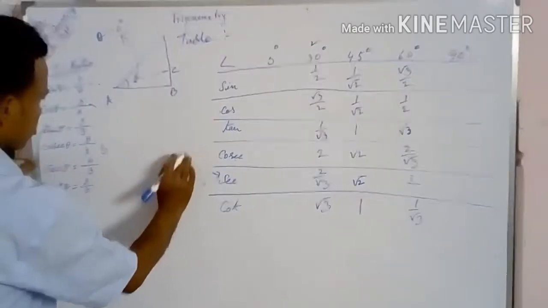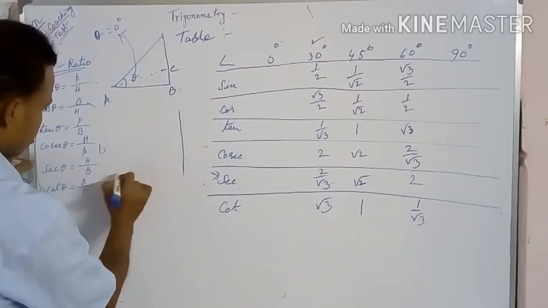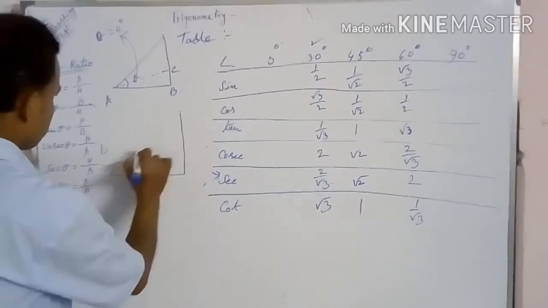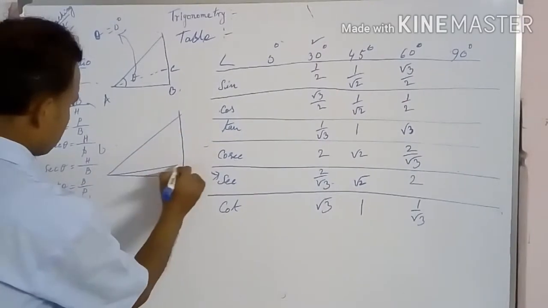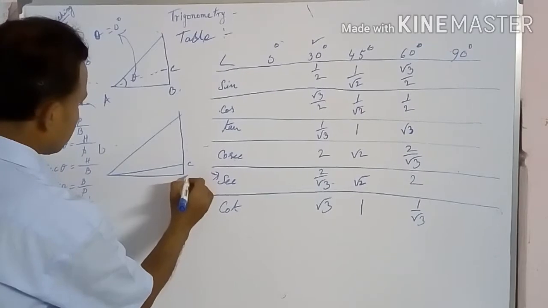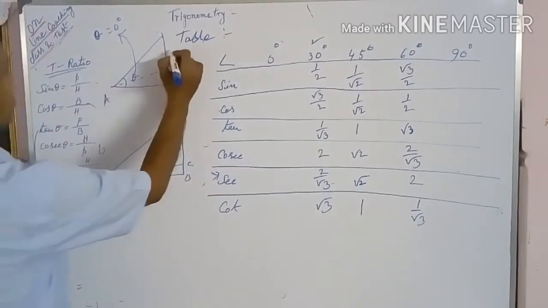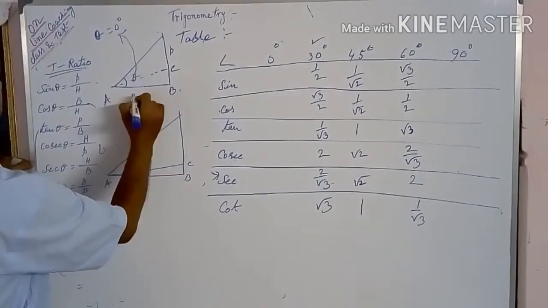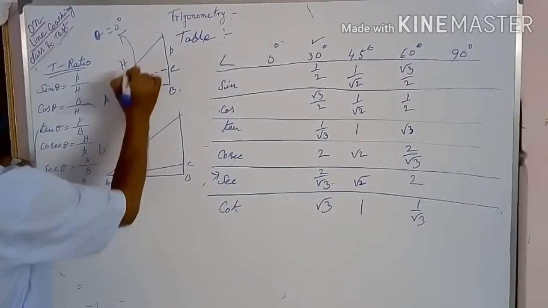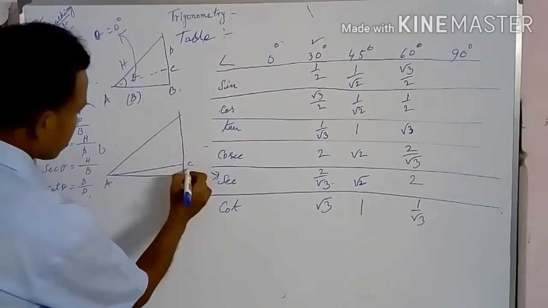Next angle. This C, B, A. This is the perpendicular. This is your base. This is the hypotenuse. So the perpendicular is decreasing.